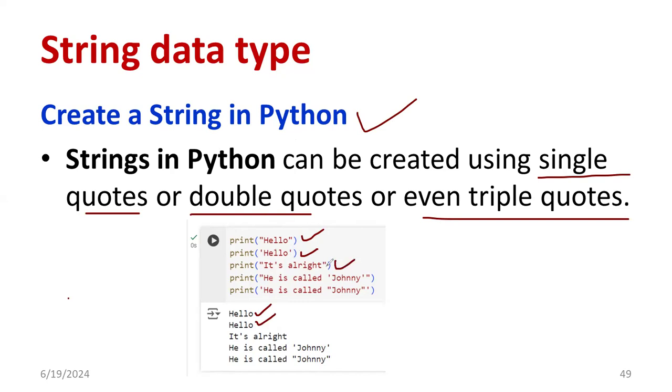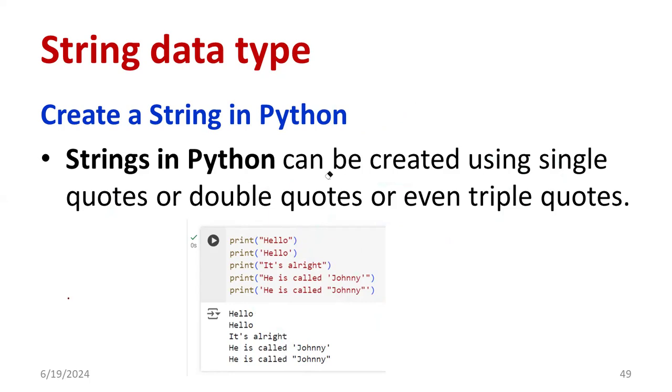Then print it's all right by using the double quote. So I got the result. Even I can go for a triple quote. It is up to you. So this is how to create the string. I think you understood how to create the string. You can use double quote or single quote; triple quote is also supported. You can use any compiler and you can show how to create the string. I'll just show you.